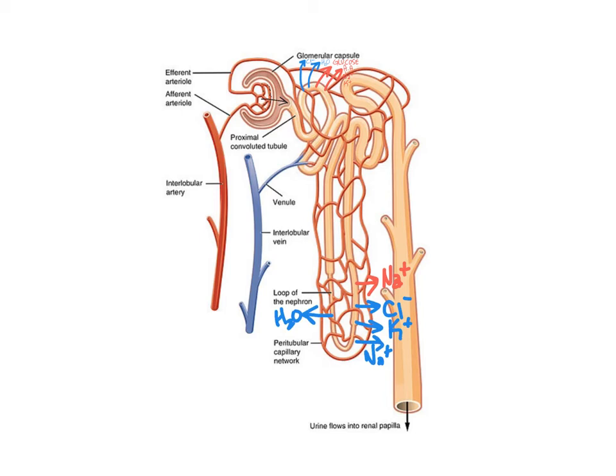And really, what's going to control this is dictated by the conditions of the body. That will be detected through sensory receptors, and the control center of the brain, the hypothalamus, will then cause the release of hormones via the pituitary gland, and one of the hormones is ADH, or the antidiuretic hormone, and that will have a direct impact on this part of the nephron, the distal tubule, and also the collecting duct.